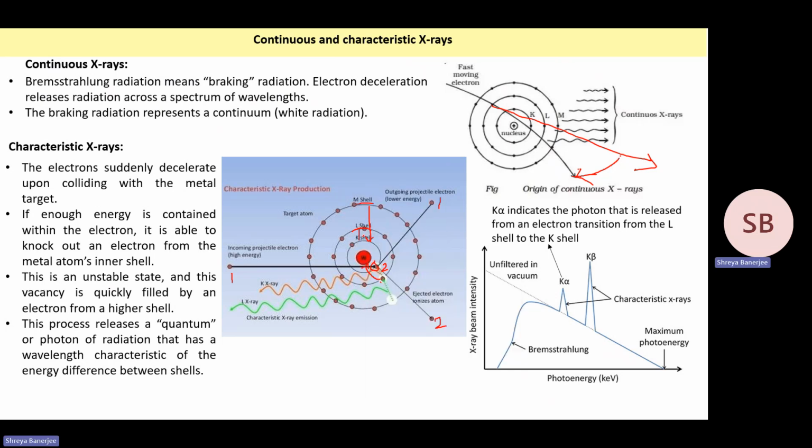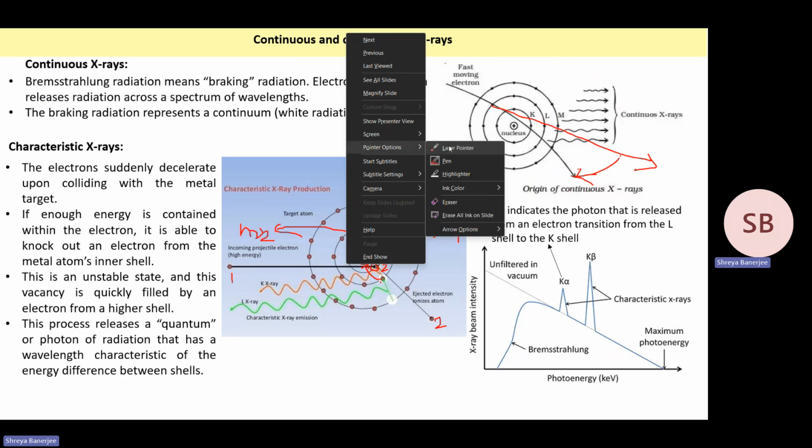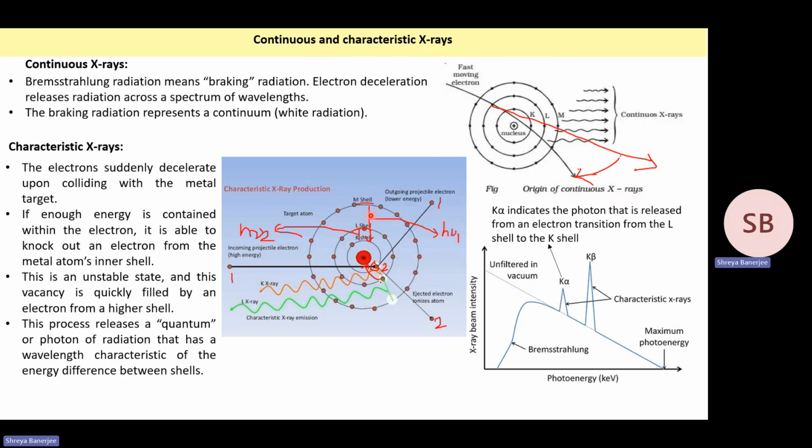So suppose it goes from M to K shell. It will give you a certain photon of h nu 1 of a particular frequency or wavelength only, because this is a quantized energy. Then if it goes from L to K, suppose this is h nu 2. So when this kind of X-ray is formed, where you have an electron from an outer shell coming into the inner shell, then the energy that is formed is of a constant wavelength, because the energy difference between two shells is fixed.